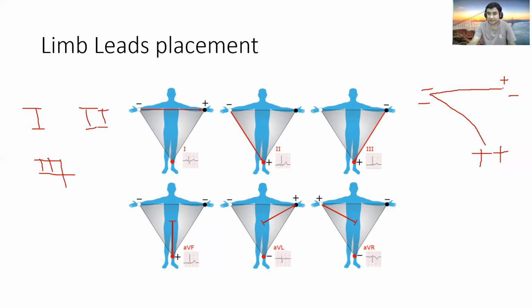If you make a triangle like this, this one is lead 1, this one is lead 2, and this is lead 3. If you draw the vectors of these limb leads, the lead 1 vector will be directed towards the left arm, the lead 2 vector towards the left foot, and the lead 3 vector towards the foot, as it is always directed towards the positive side.